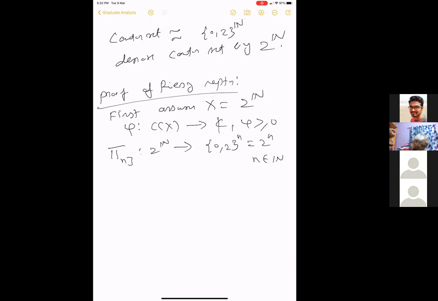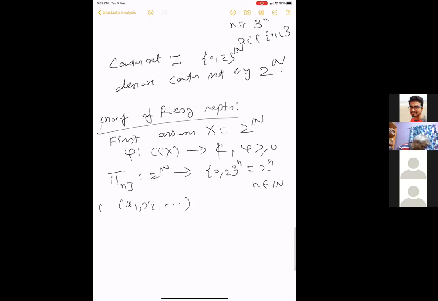Any element will be like x1, x2, the infinite sequence, and pi n of this is x1, x2, up to xn. You take the first n coordinates, projecting onto the first n coordinates. Then you define A_n equal to pi n inverse of any set A, where A is contained in {0, 2} to the power n.